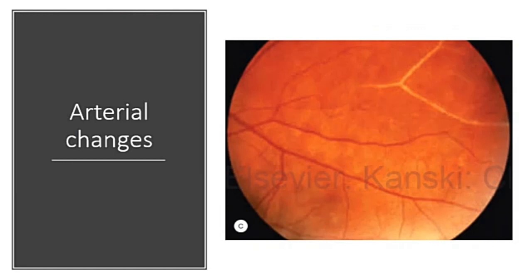Artery changes in pre-proliferative diabetic retinopathy include peripheral narrowing of the arteries, something called silver wiring, where it looks like silver wire has been inserted into the artery itself, and then complete obliteration, where it's actually missing and completely blocked. As you can see in this image, there's no blood getting through to this vessel at all.